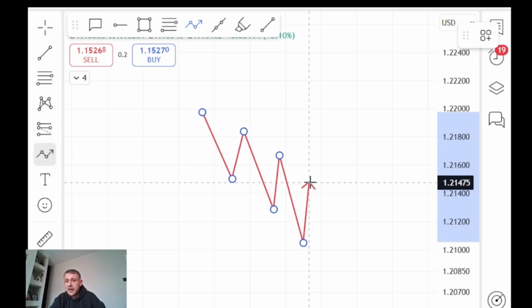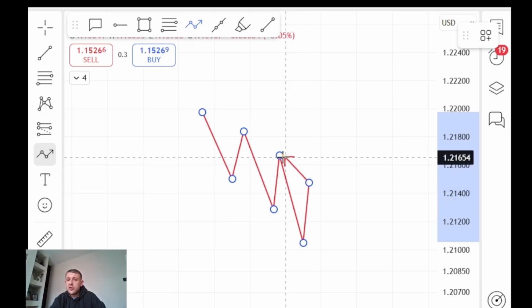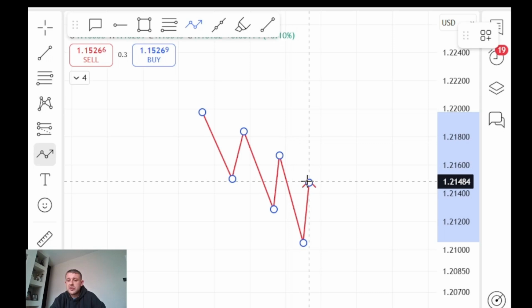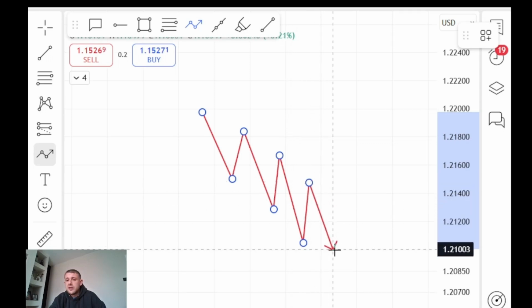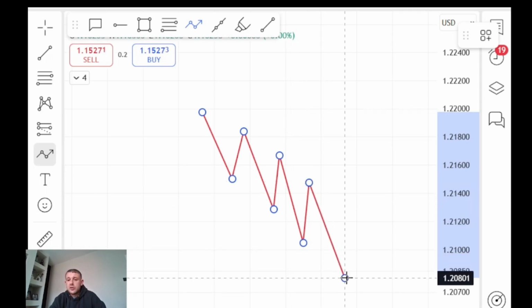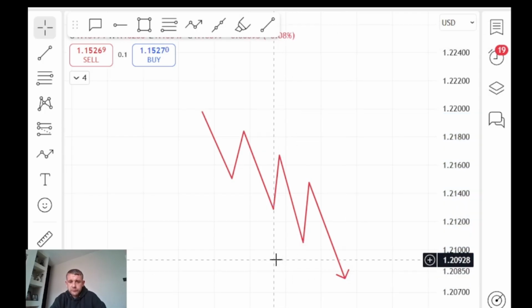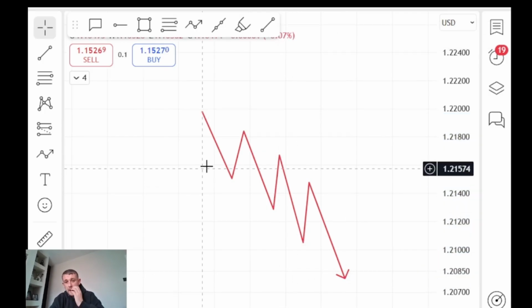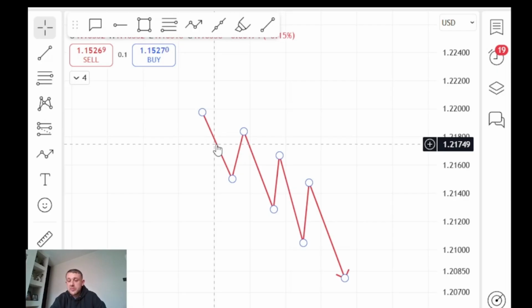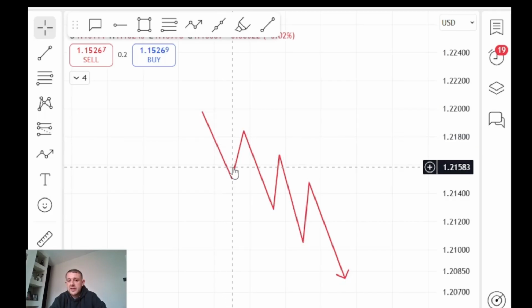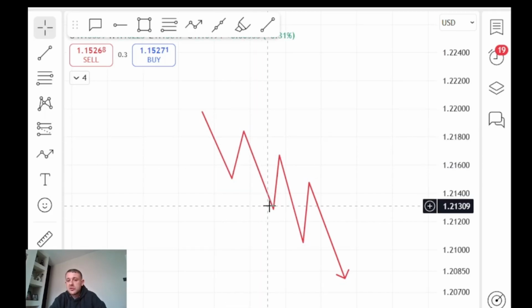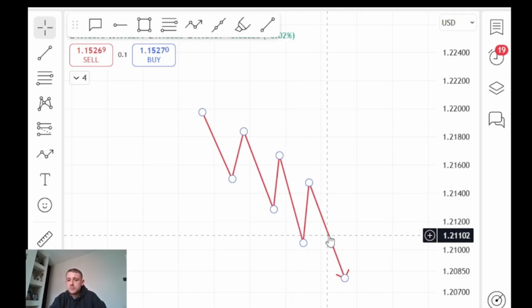Then we make a lower high, which is lower than the previous lower high. And then a lower low. And that there, in the simplest format, is your bearish market. A nice trending bearish market, moving downwards, making lower lows, lower highs, lower lows, lower highs, lower lows.